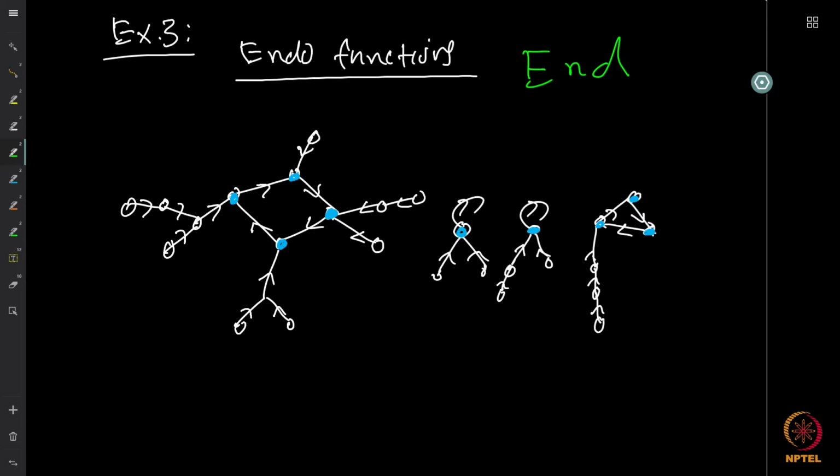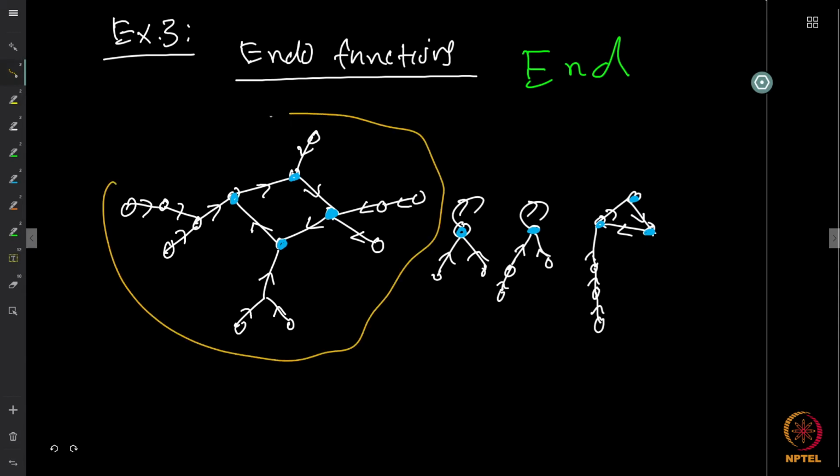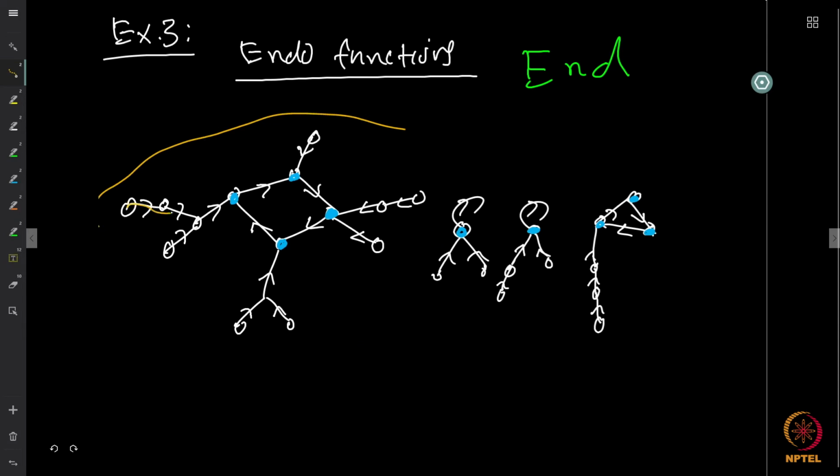If you recall from our earlier lectures on graphs, we came across endofunctions. Endofunctions had this nice structure where you have lots of rooted trees, and these rooted trees were all going like this, with all the directions going inward.